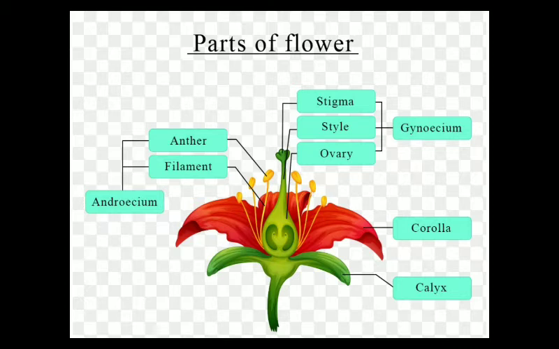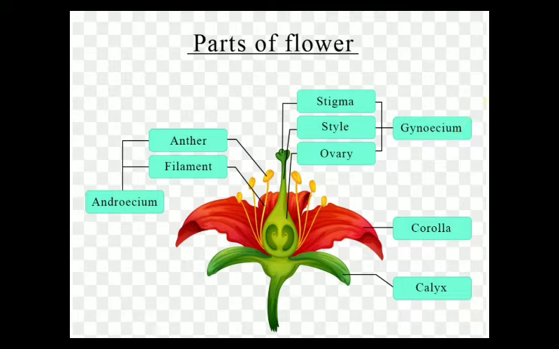There are 6 stamens given. Similarly, the carpel is the female reproductive part of the flower. If there is one carpel, or many carpels, one single unit is known as a carpel, and all the carpels of a flower are known as gynoecium.